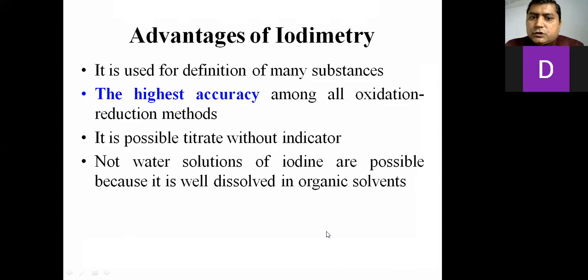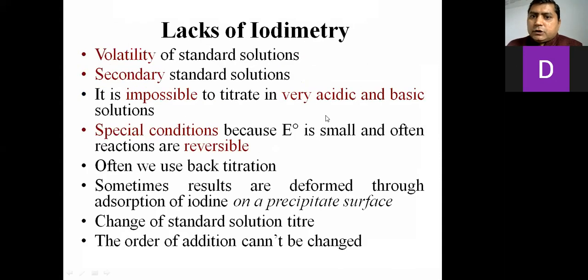Advantages of iodometry titrations: they can be used to identify and determine many substances, they give high accuracy, and we can titrate without an indicator. A number of substances can be estimated by them. There are also disadvantages: the volatility of iodine, which means iodine can easily evaporate; a secondary standard solution is required; very acidic and basic solutions are required; back titration is required somewhere; and some precipitation may take place.